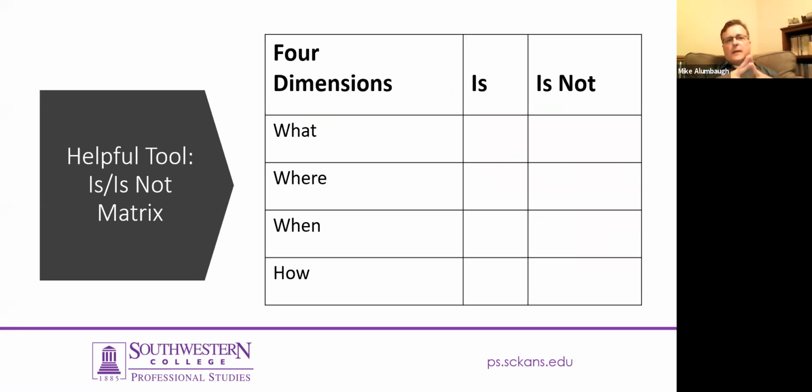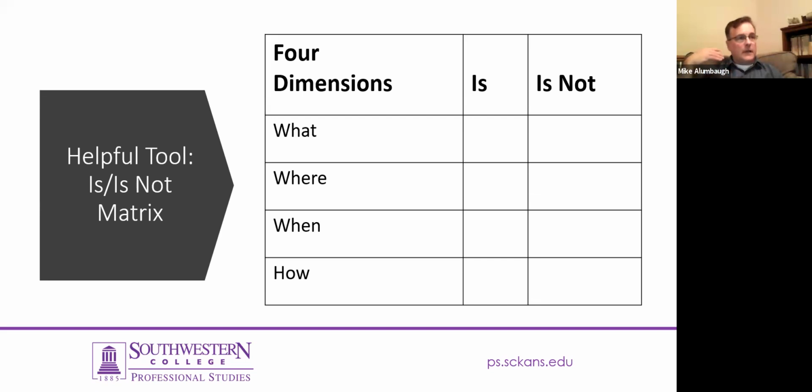From Kepner-Tregoe's standpoint, it's important to understand 4 dimensions of a problem: the what, where, when, and how. Now, this is not anything new to those who are well acquainted with Six Sigma types of projects. The difference here, though, is Kepner-Tregoe adds what is and what is not.